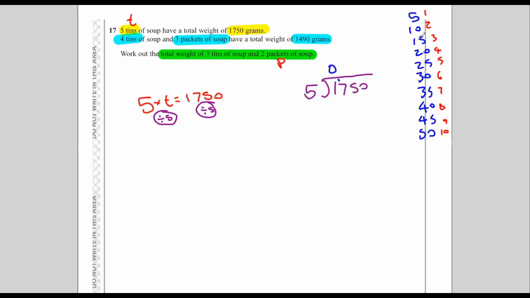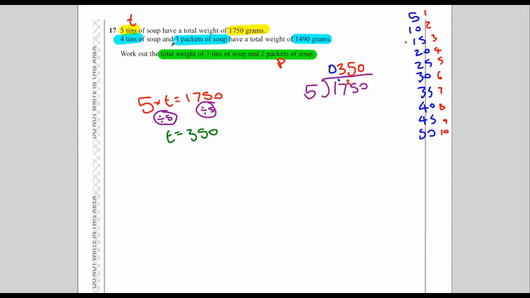So 3 times gives you the 15, and there's a remainder 2 because we had 17, not 15, so there's 2 left over. 5's into 25 goes 5. 5's into 0 goes 0. So T is 350 grams.